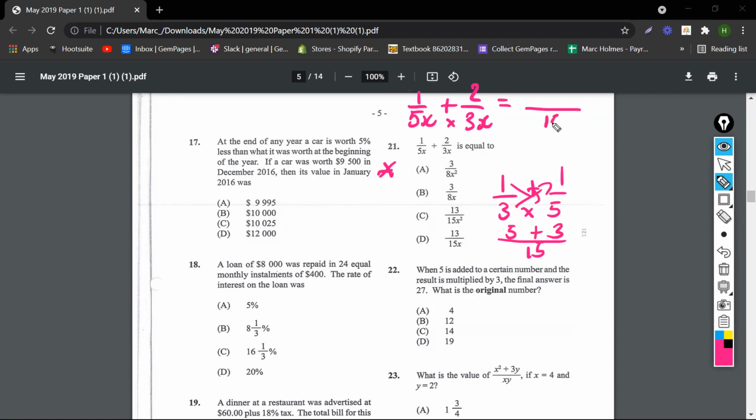I'm going to end up with 15x squared. 5x times 3x gives me 15x squared. Then I'm going to cross multiply 1 times 3x, which is just 3x here, plus 2 times 5x. And I'm going to end up with 13x over 15x squared. Cool.